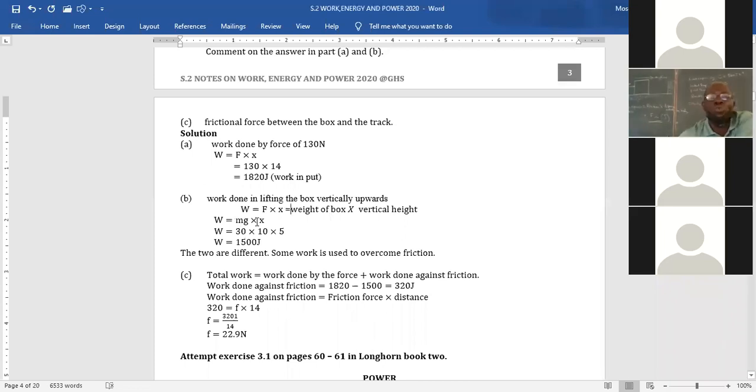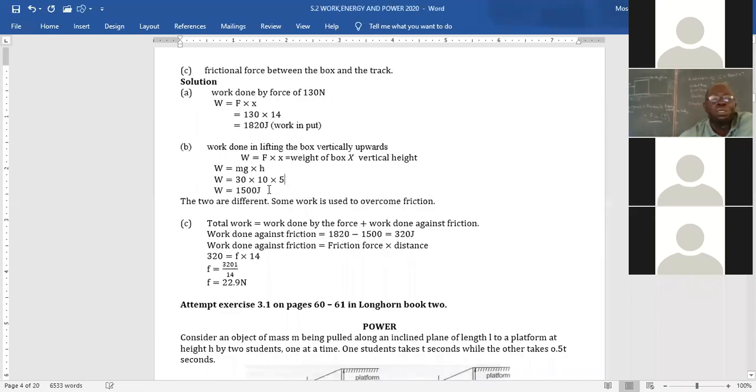Our weight is given by mg times the vertical height, and I want to change that letter to h. That is how we get that work. And this work is now called the useful work.